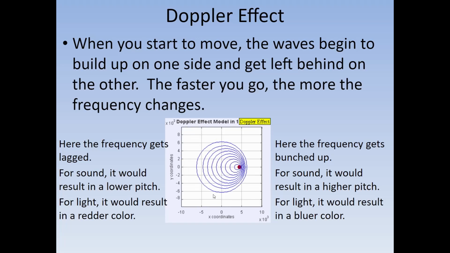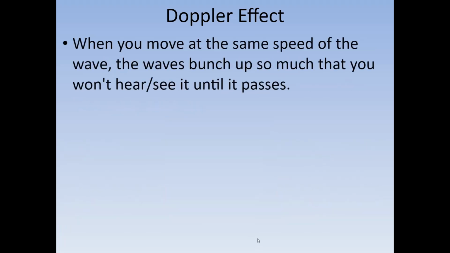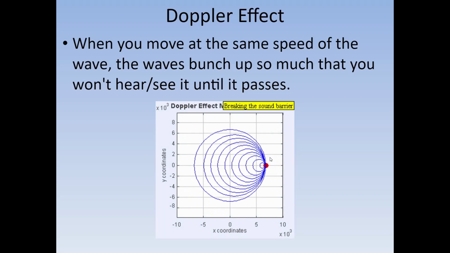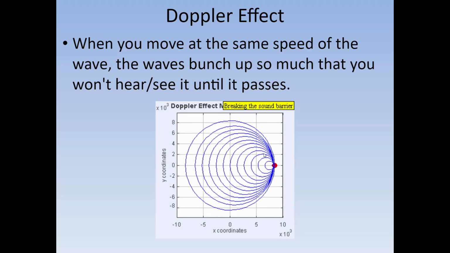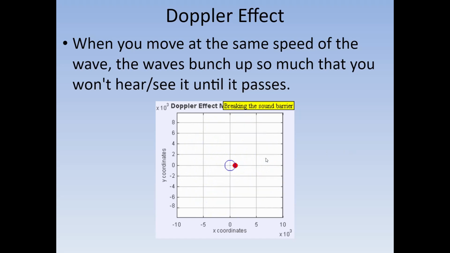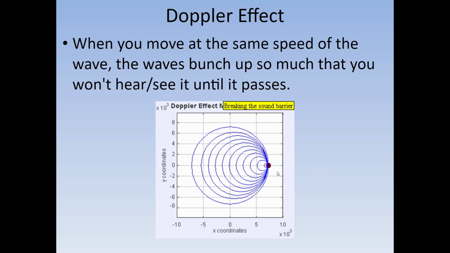Though there are two other things to keep in mind. For example, if you end up moving at the same speed as the wave, what ends up happening is you just won't hear it or see it until the moment it passes you, because the waves don't have time to actually move ahead of you. You're almost moving along with the wave that you're producing. So there's no sound, and then all of a sudden the sound as they pass by.